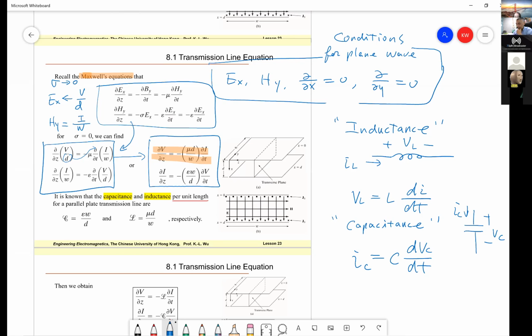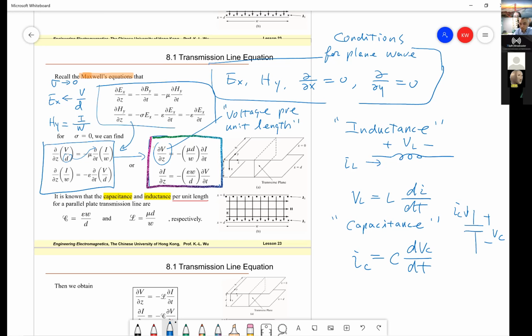Okay, so if you compare this basic circuit theory to what we have derived here, then what I can say is, this is a voltage per unit length.